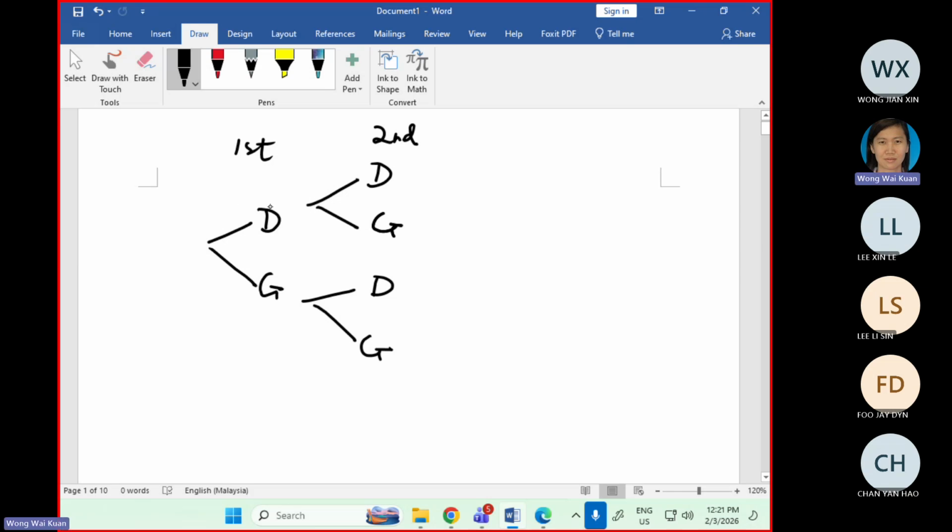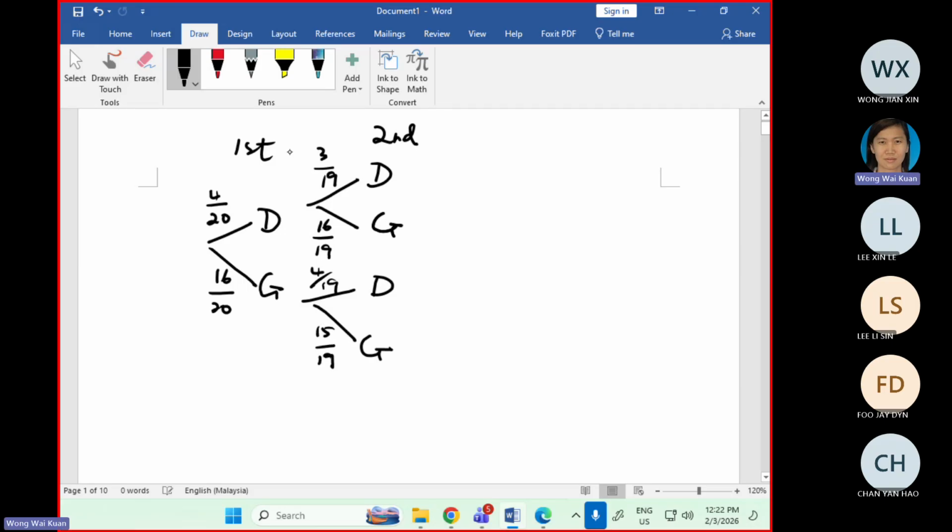Defective is 4 over 20. Then good is 16 over 20. If the first one is defective, what is the probability the second one is defective? 3 over 19. What about good? 16 over 19. Then what about this? 4 over 19 and 15 over 19.